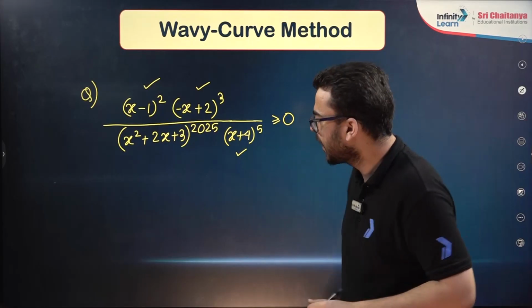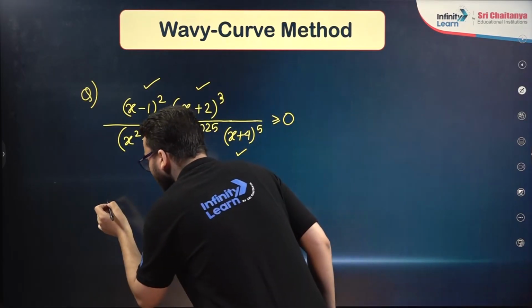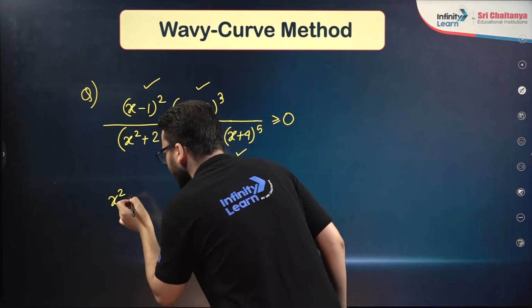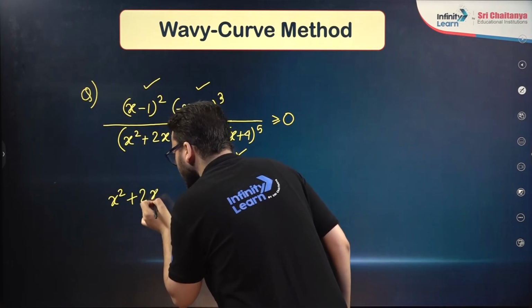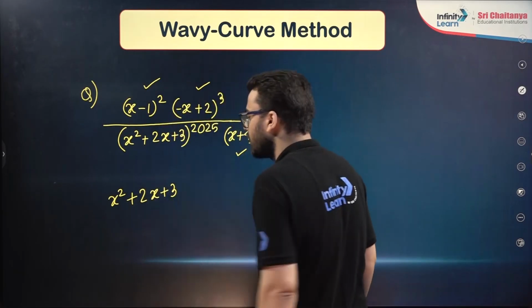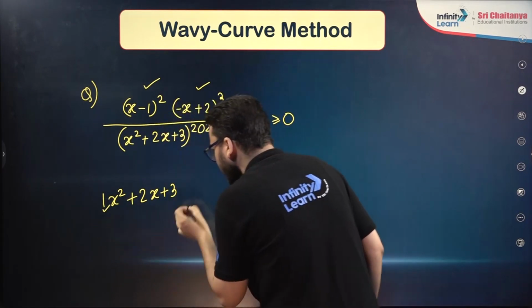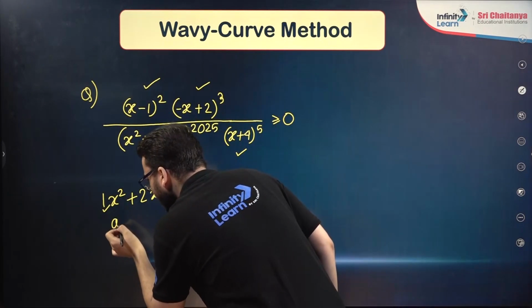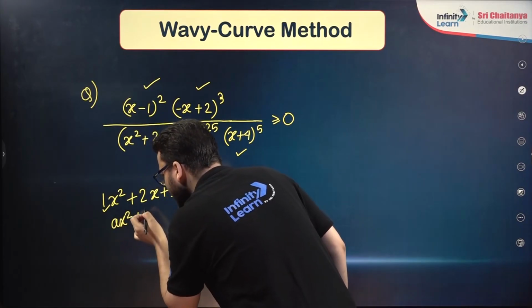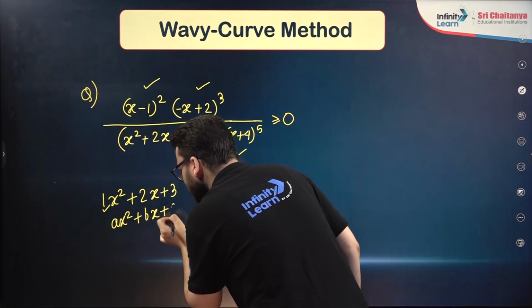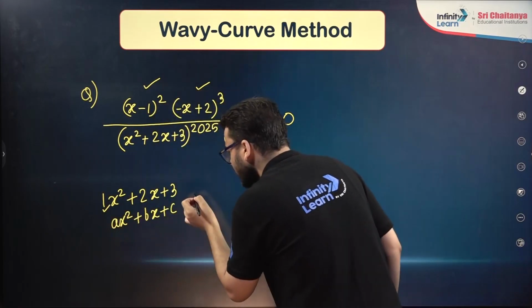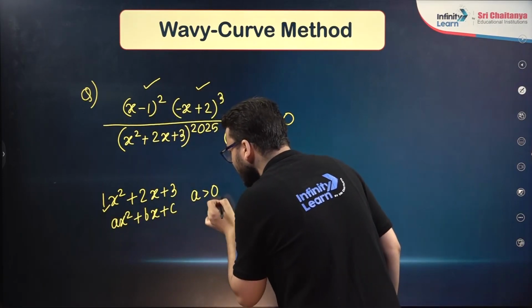So when you see this polynomial x square plus 2x plus 3, the coefficient of x square is 1. If you compare it with the standard form of a quadratic polynomial, ax square plus bx plus c, a is greater than 0.